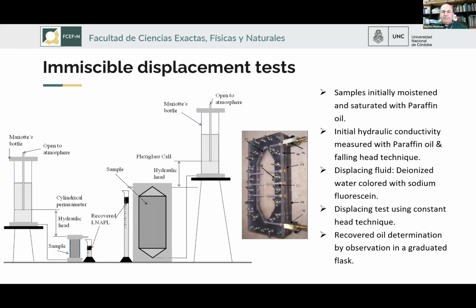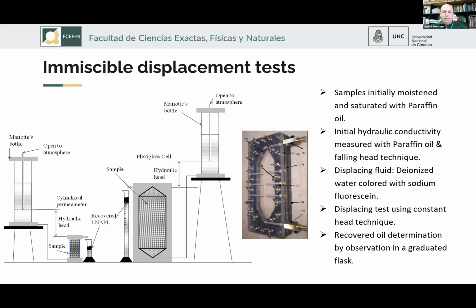An immiscible displacement test was performed by displacing the paraffin oil with deionized water. Water was colored with fluorescein for the tests performed in the prismatic cells to have color contrast and to be able to capture digital pictures of the flow patterns. With those pictures, we digitally analyzed to identify NAPL presence.